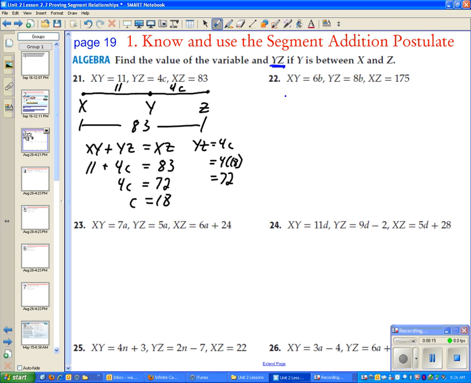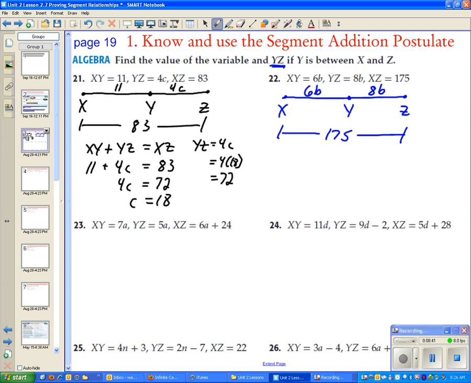All right, 22, let's draw it. We have segment XZ and Y is between them. The length of XY is 6b. The length of YZ is 8b. And the length of XZ is 175.